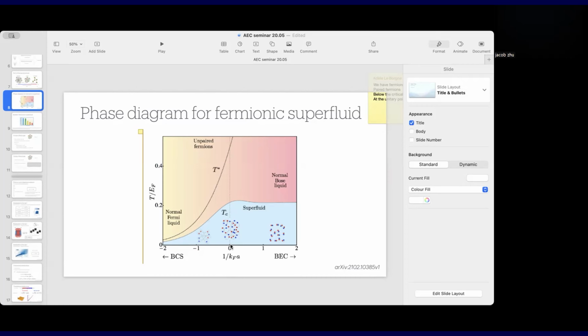In the EFT we don't have this parameter and we don't have temperature, but I guess both are doable. So you're working at a fixed k_F a, at unitarity. Okay, so there's secretly another axis that you can add a term for, to take this into account.